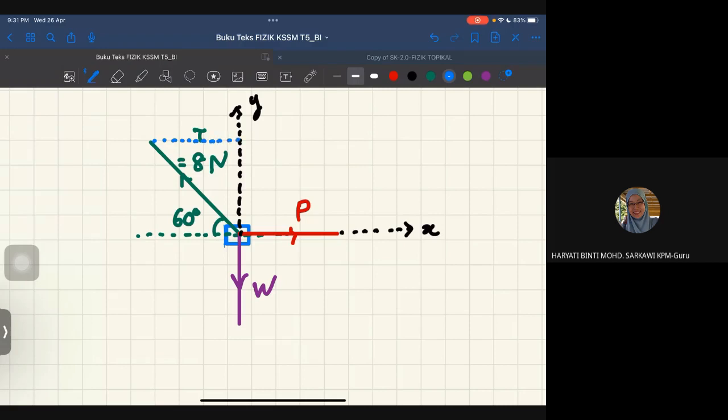Okay, so this is the vertical component of T. So I can label as Ty. Boleh faham? And then here, all right, this one is the horizontal component of T. I label it as Tx.